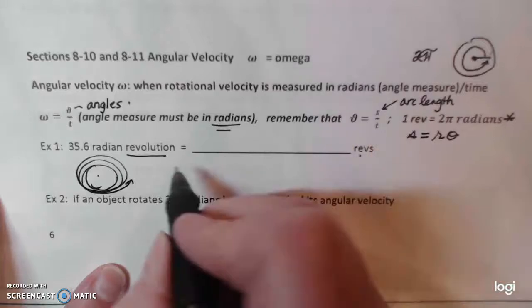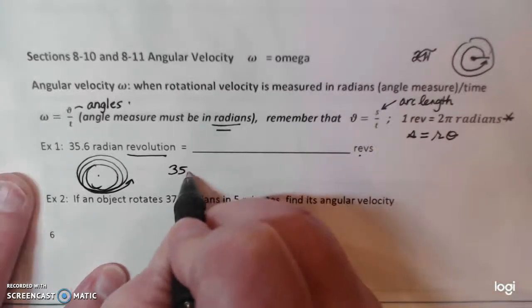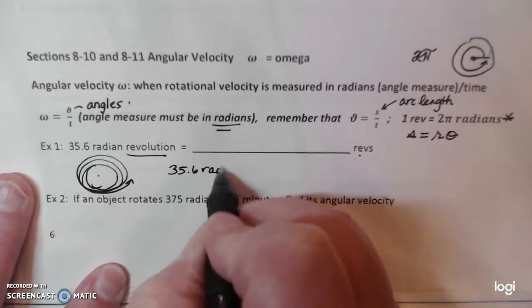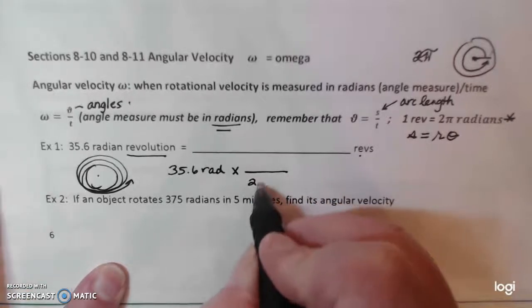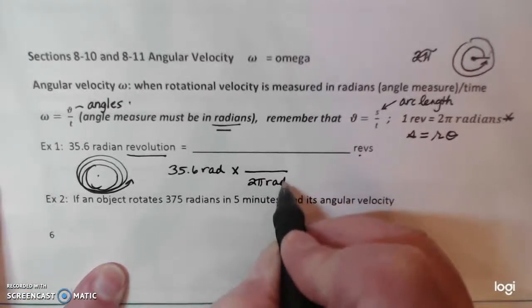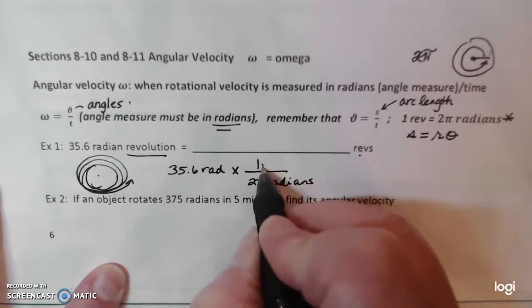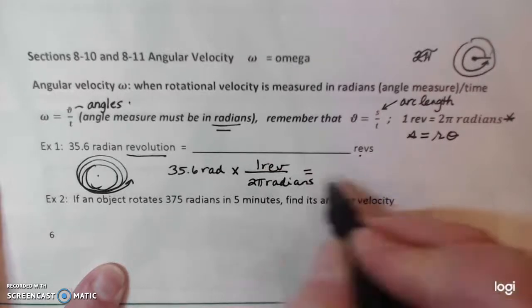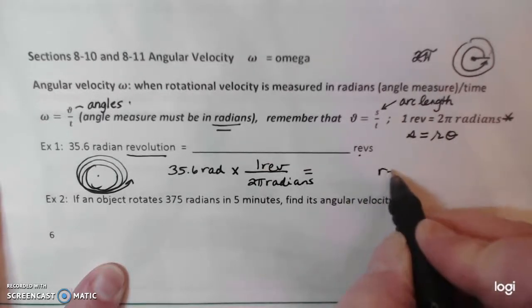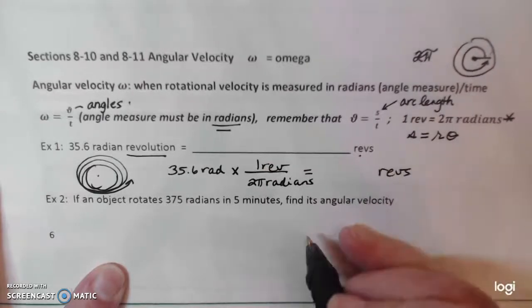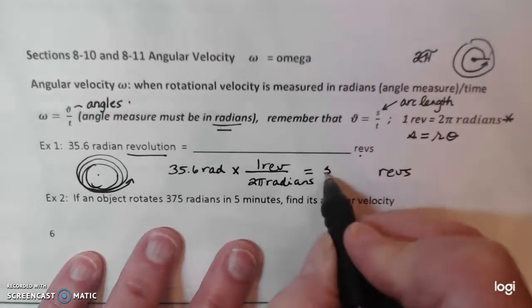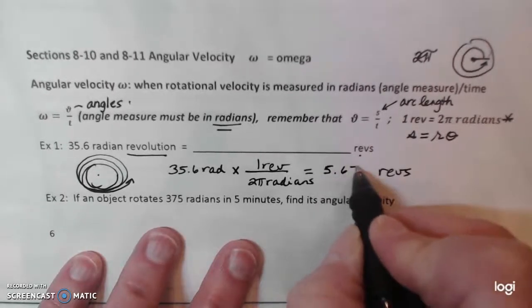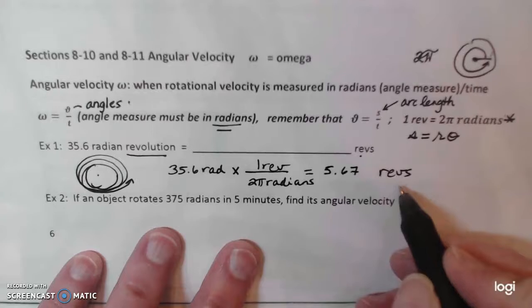We start by writing down 35.6 radians, and then you can multiply by 1 revolution over 2 pi radians, and then that value will represent the number of revs or revolutions that that item has traveled. And if I calculated this right, I got 5.67 revs.